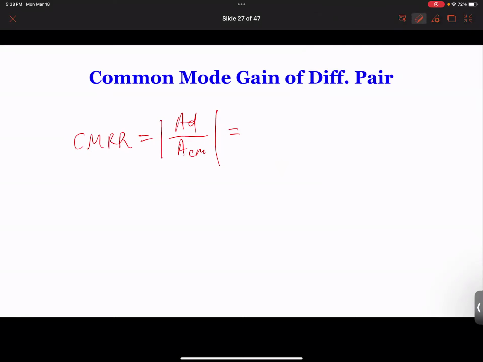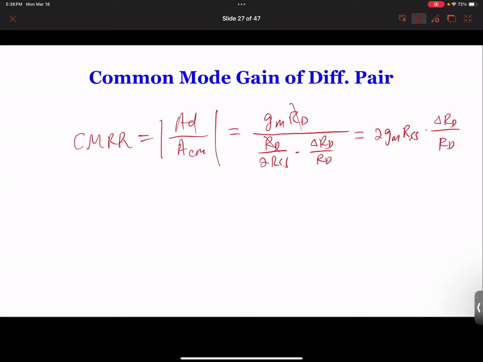Let me rewrite it. So g_m times R_D is your middle band. I'm looking at the middle band right now. So R_D over 2 R_SS times ΔR_D over R_D. This R_D is going to cancel. So you have 2 g_m R_SS over ΔR_D over R_D. That's in the middle band. As we already know, the better the CMRR, the better your system.